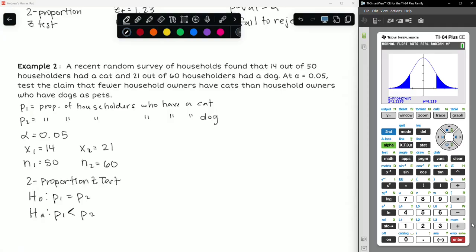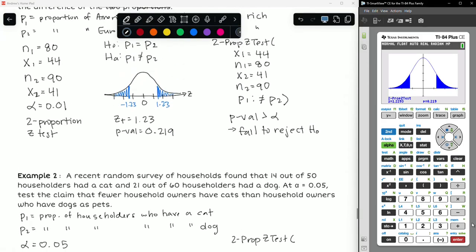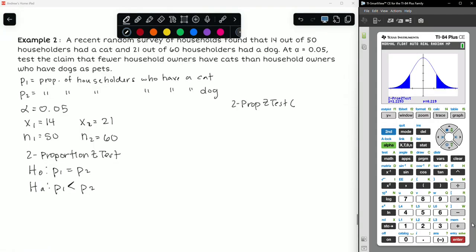So we'll go ahead and pull up our 2-prop z-test. We know from the previous problem it asked for x, n, x, n. So x1, n1, x2, n2, and then it's going to ask about the alternative.